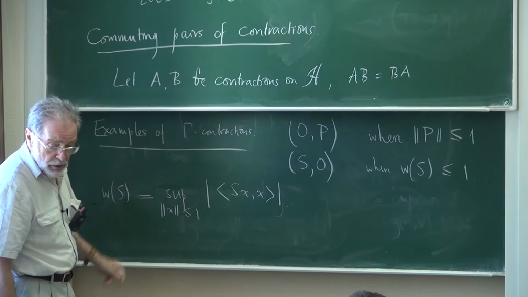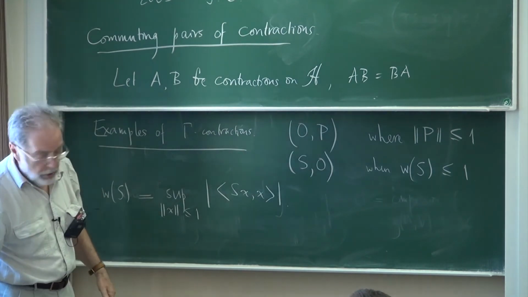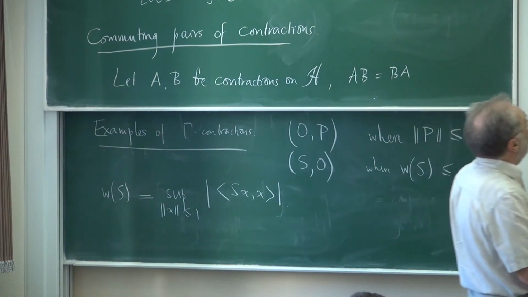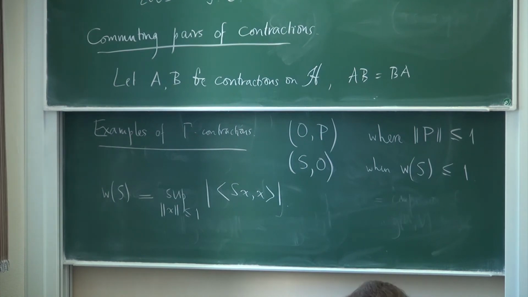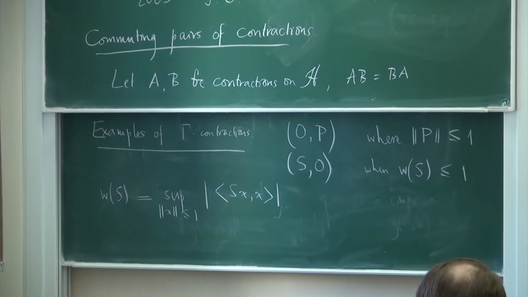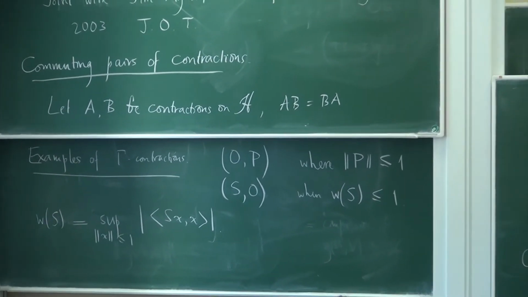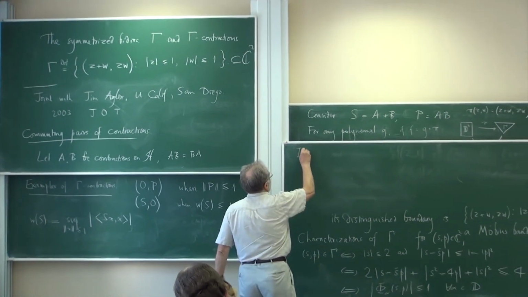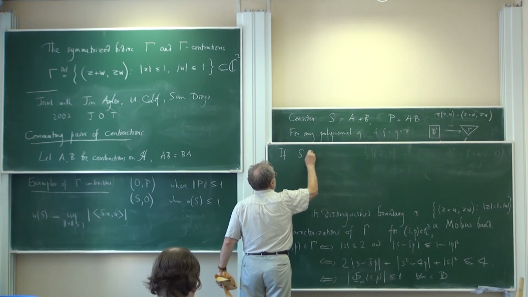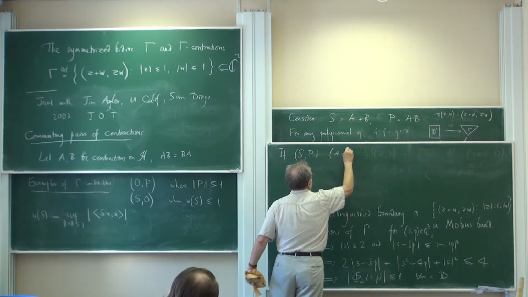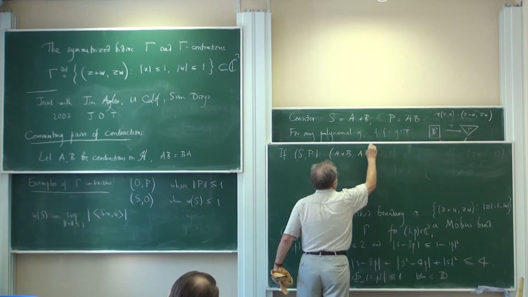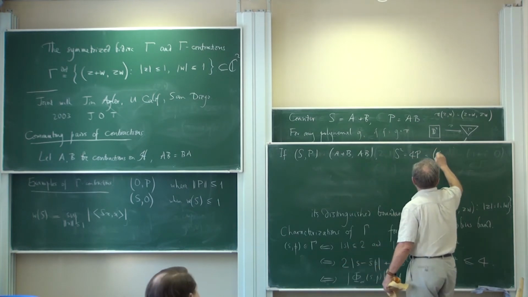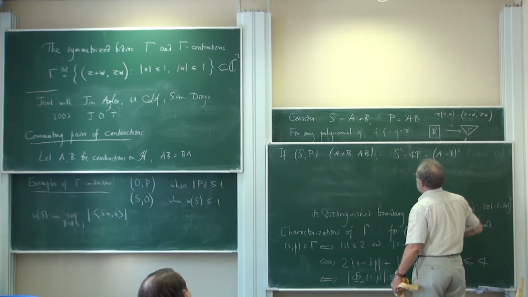Now, how can we be sure which gamma contractions are of the form A plus B, AB? Well, if S comma P is equal to A plus B, AB, then of course S squared minus 4P will be A minus B squared.